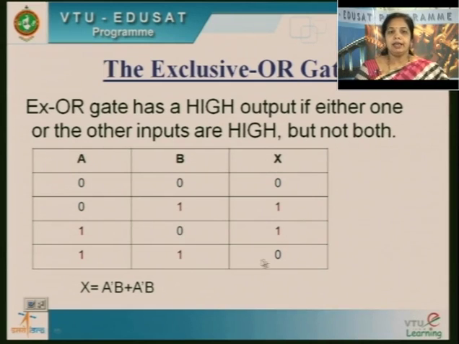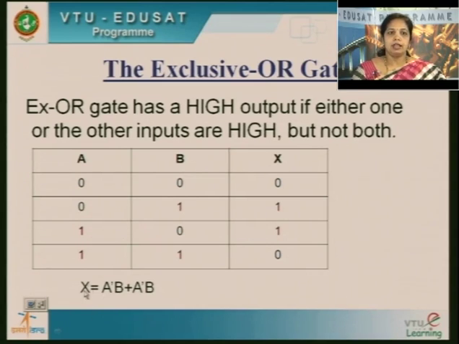So, writing an equation for this truth table. Considering only the logic 1 at the output side, the corresponding inputs are A complement B, and for this, it is A B complement.